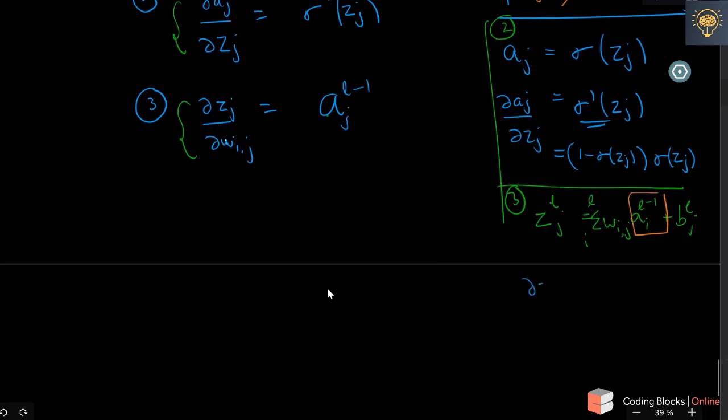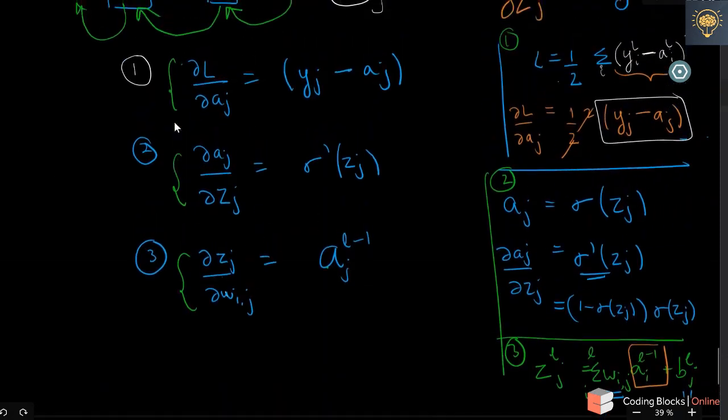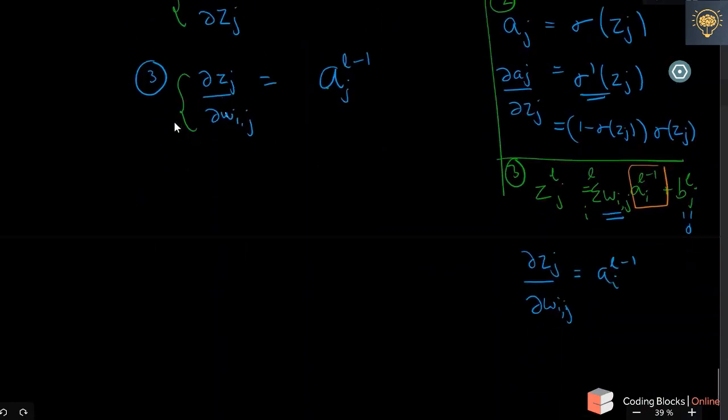If you take the derivative with respect to wij, this coefficient will go off, and for all other terms it is going to be 0, and the bias term is also going to be 0. So you are left with a of i, l minus 1. It is nothing but the activation associated with the previous layer.